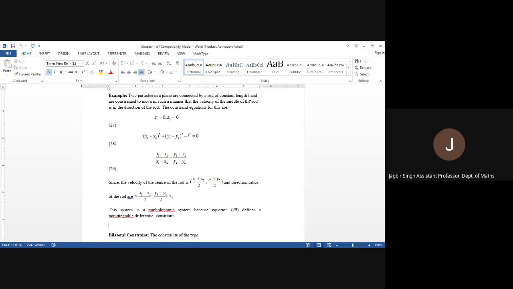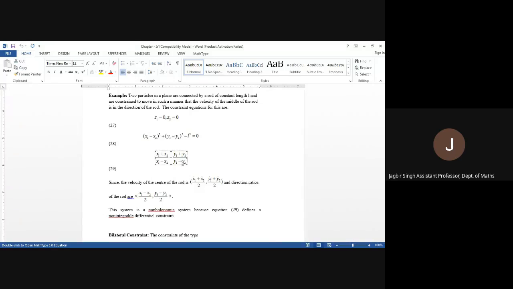The corresponding ratios: (x1-dot + x2-dot)/(x1 - x2) = (y1-dot + y2-dot)/(y1 - y2). The velocity of the middle point is ((x1-dot + x2-dot)/2, (y1-dot + y2-dot)/2), so 2 is cancelled from both sides. And the direction ratios are (x1 - x2, y1 - y2). These are similar, so their ratios are similar and hence these ratios are equal. Now these are the constraint equations.